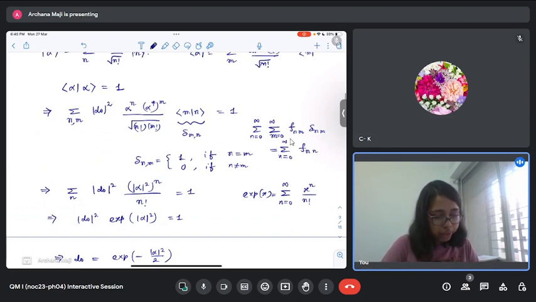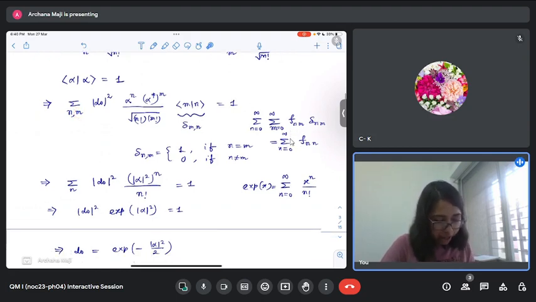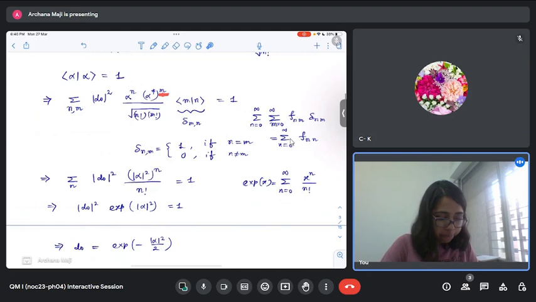So the same thing we are doing here. So this is delta m comma n we have. So this left hand side is non-zero only when m and n both are the same. So we are taking the summation over m and replacing m by n everywhere. So if I replace m by n in the denominator, I will be left with n factorial times n factorial.